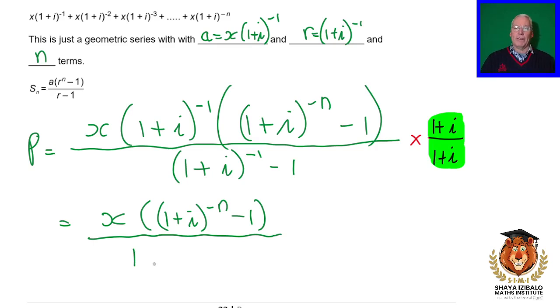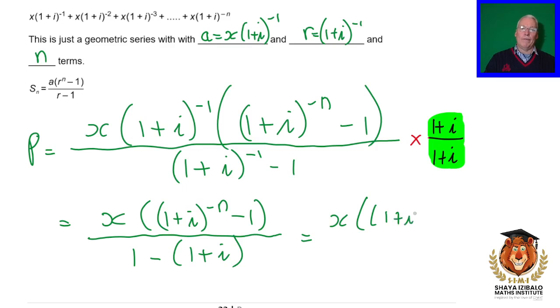Those are going to cancel each other out to give us 1, minus a 1 plus i. Okay, now this simplifies to x into 1 plus i to the minus n minus 1. And on the bottom, we actually now get 1 minus 1, which is 0, minus i.